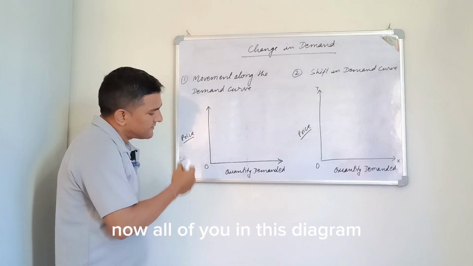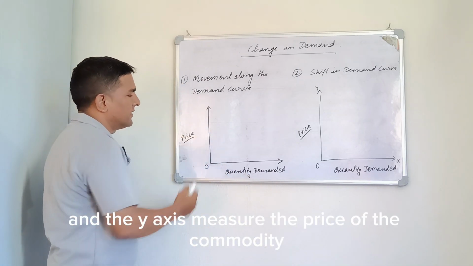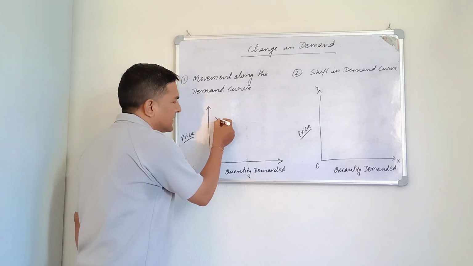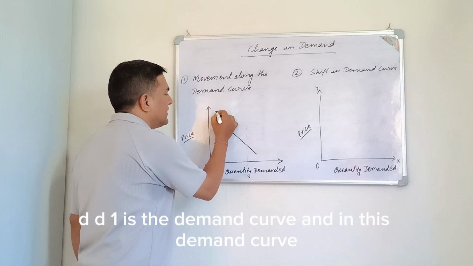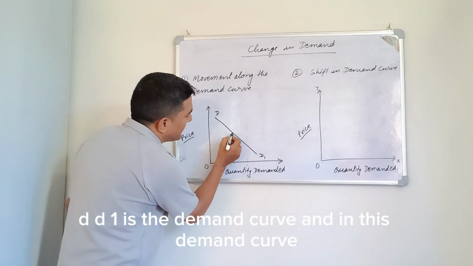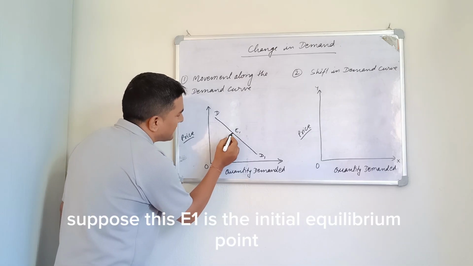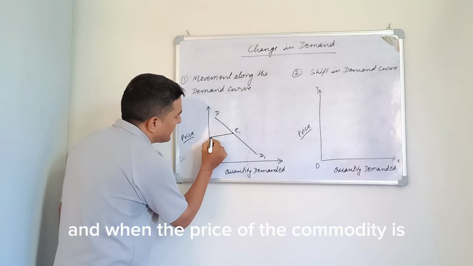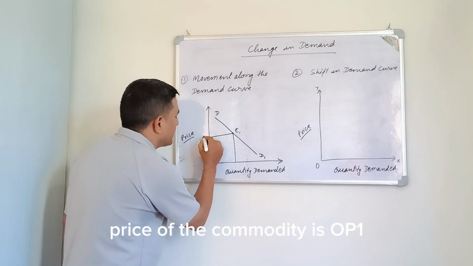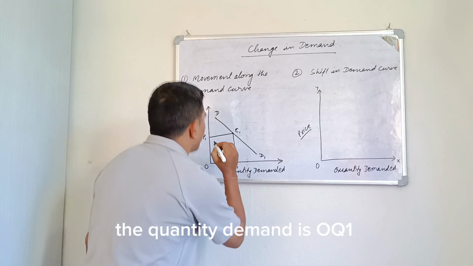In this diagram, the x-axis measures the quantity demanded and the y-axis measures the price of the commodity. Here D D1 is the demand curve, and suppose E1 is the initial equilibrium point, where the price of the commodity is OP1 and the quantity demanded is OQ1.